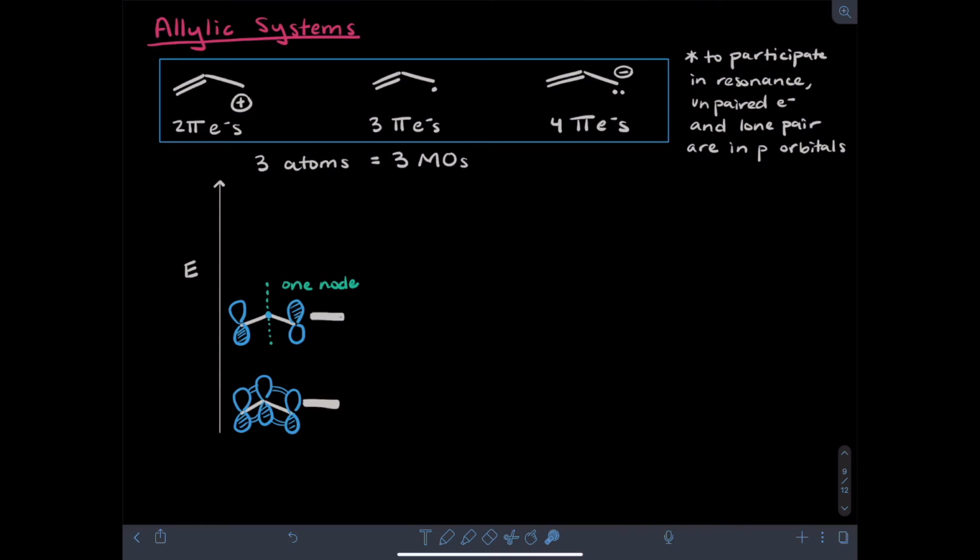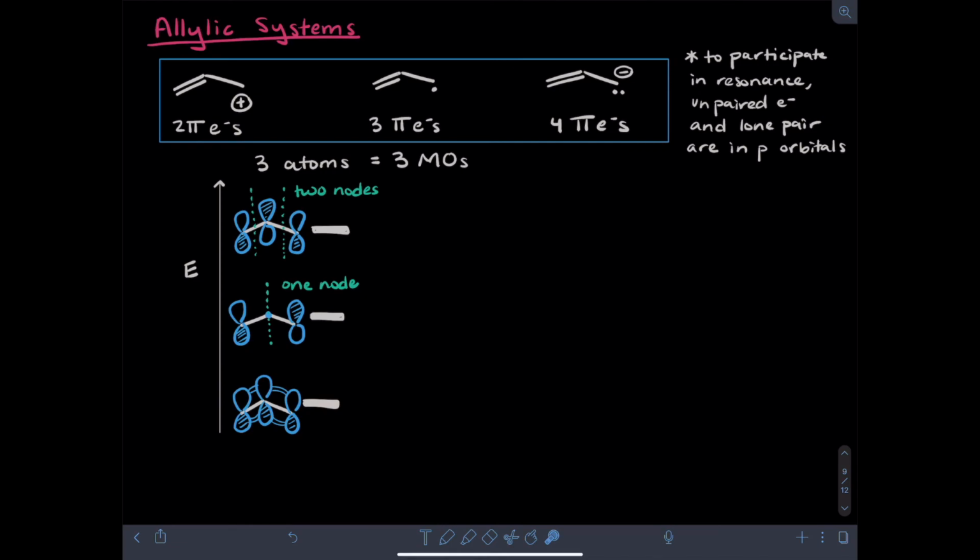To get my 3rd molecular orbital, I need to think what's higher in energy than an orbital with 1 node? An orbital with 2 nodes. To distribute 2 nodes symmetrically in my molecule, I need to place them between the atoms. One between the left and center, and one between the right and center.